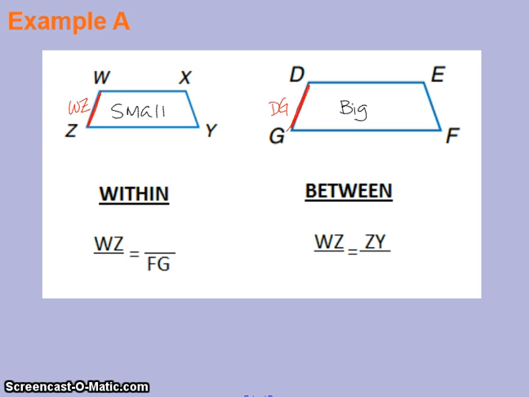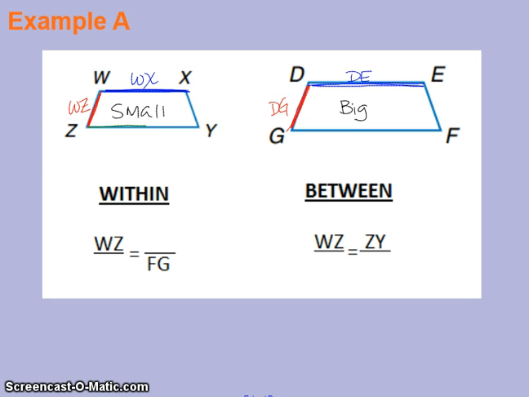So let's look and let's do side WX. I know that side WX corresponds to side DE, because again, it's located in the same exact spot on the big one as the small one. One's just larger.